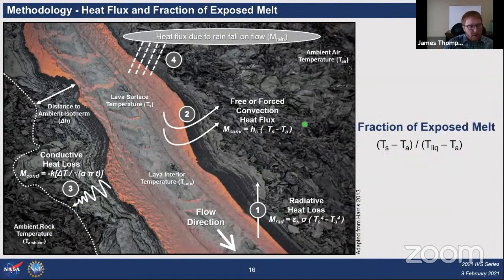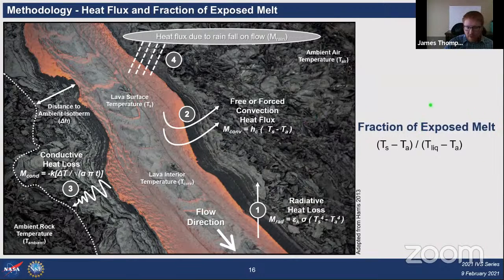I've talked about the two main thermal properties I'm interested in, temperature and emissivity, but I also wanted to look at higher-level derived properties: heat flux and fraction of exposed melt.